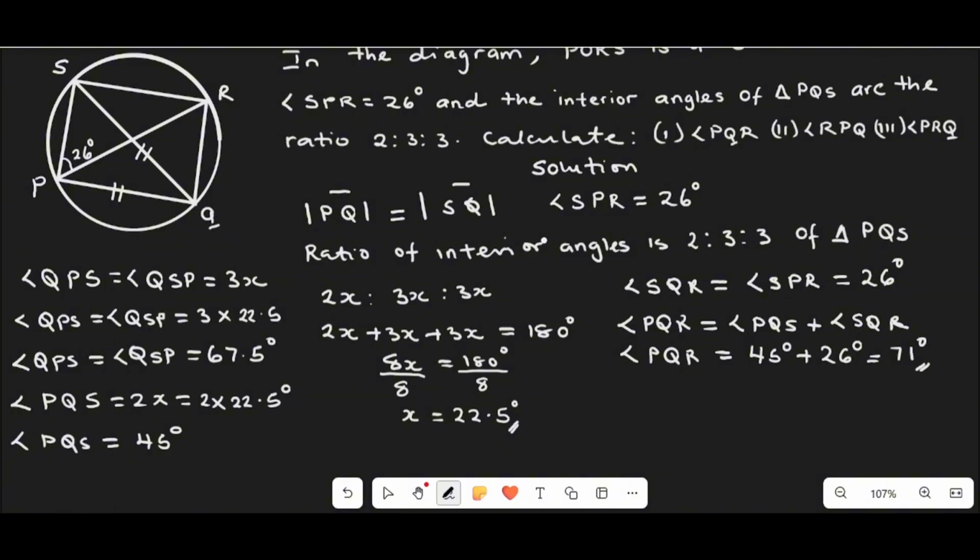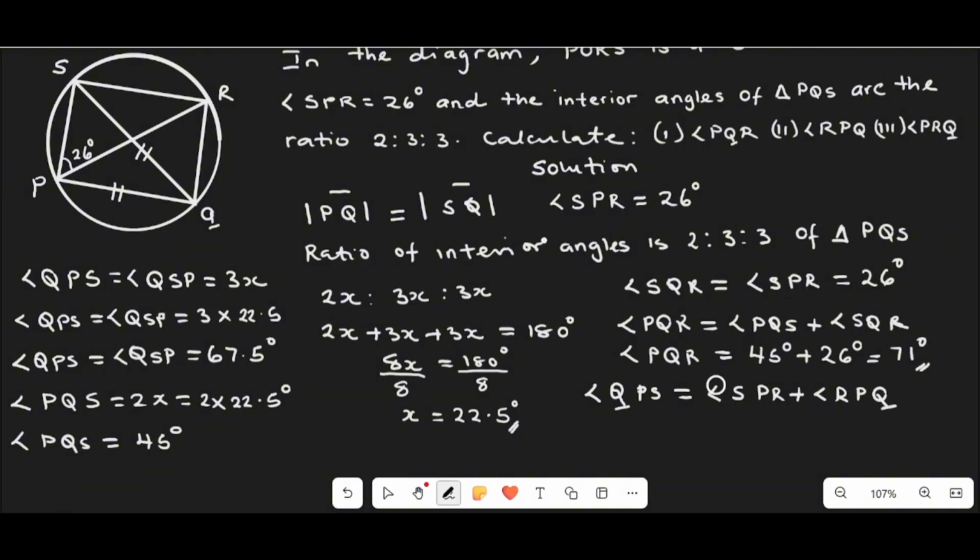So we can say angle QPS equals angle SPR plus angle RPQ.